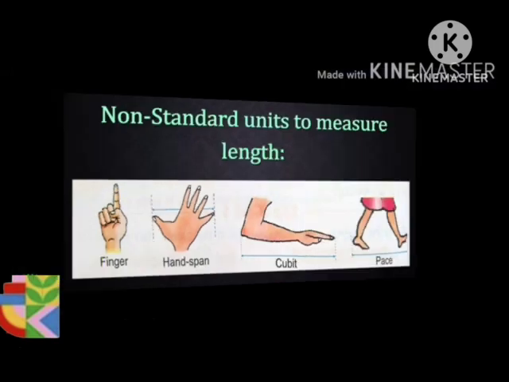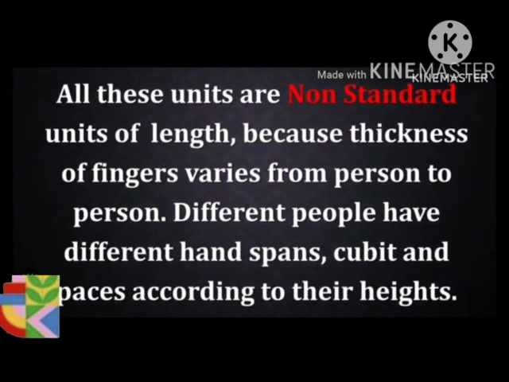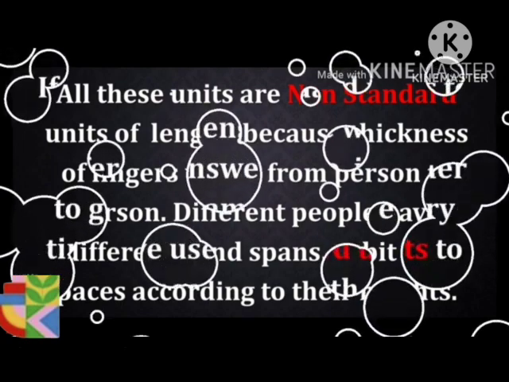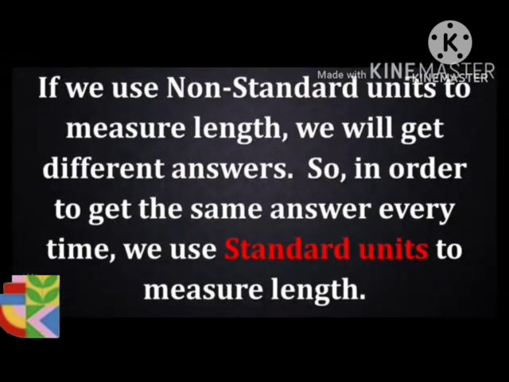All these units are non-standard units of length because the thickness of fingers varies from person to person. It changes. Different people have different hand spans, cubits and paces according to their heights. Now if we use non-standard units to measure length, we will get different answers as it varies.